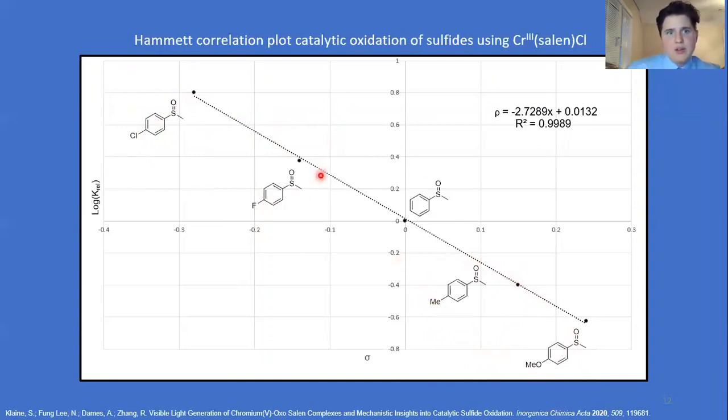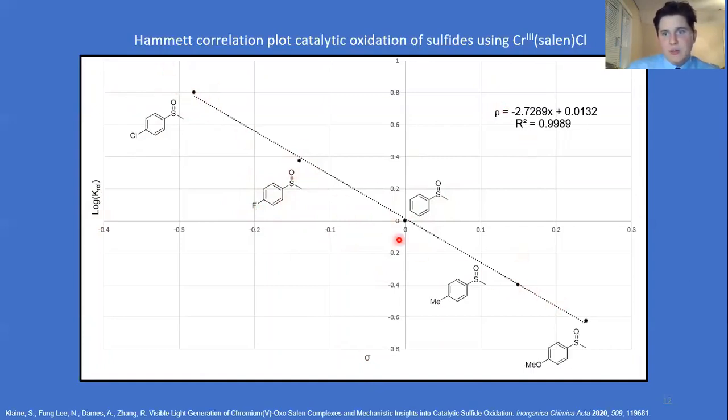So shown here is a Hammett correlation plot. It has the logarithm of the relative rate constant of the substituted thioanisole divided by the rate constant of the unsubstituted thioanisole here. And this sigma constant corresponds to basically the strength of the polar character of these substituents. And we got this nice linear regression.